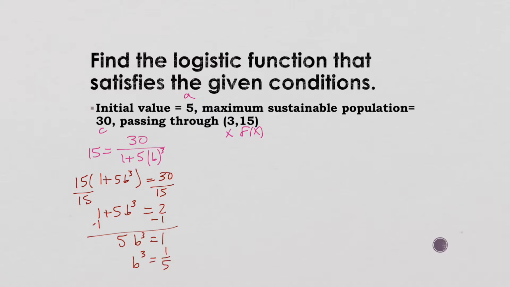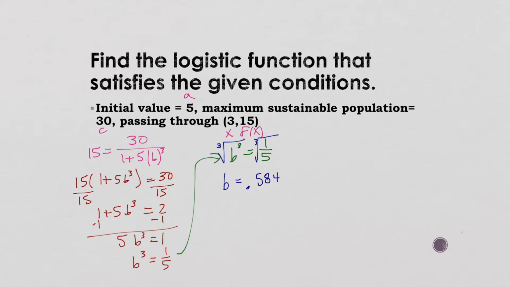Well, now I have to pay attention because it's not just B equals 1/5. I get B to the third equals 1/5. How do I undo something that's cubed? I've got to take the cube root. So the cube root of 1/5 is my B. So B ends up as 0.584.